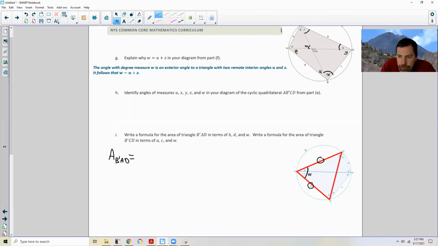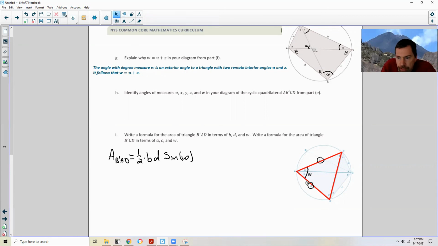So therefore, we have two sides and the included angle. So that is 1/2 times B times D times the sine of W. Okay, so the area of triangle B prime AD is 1/2 BD sine W. Write a formula for the area of the triangle B prime CD.